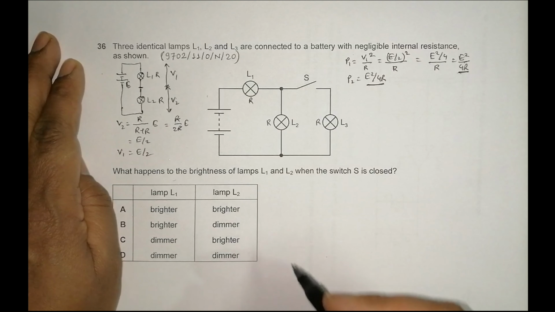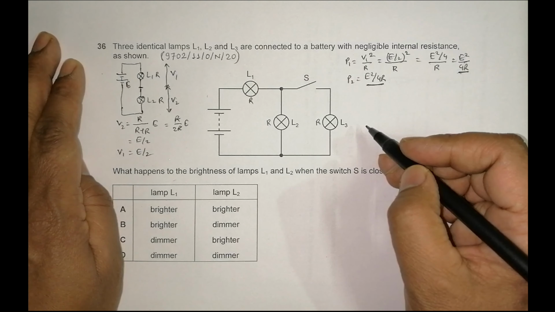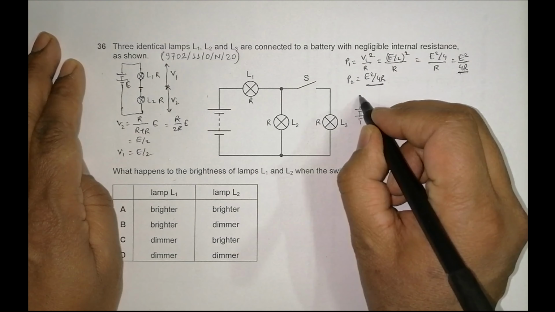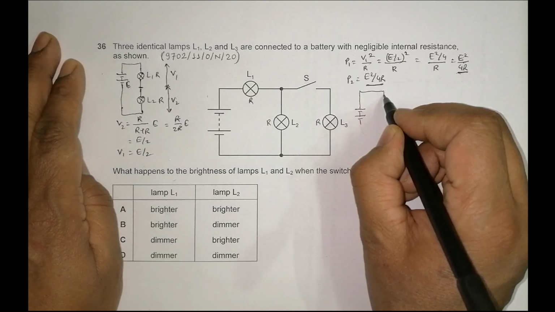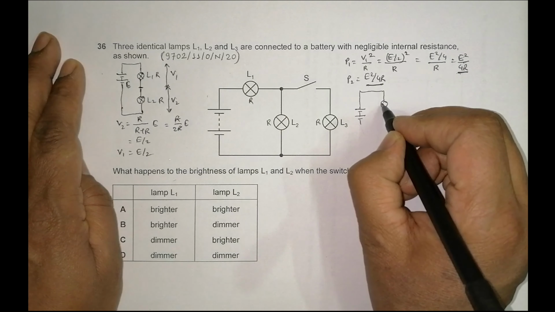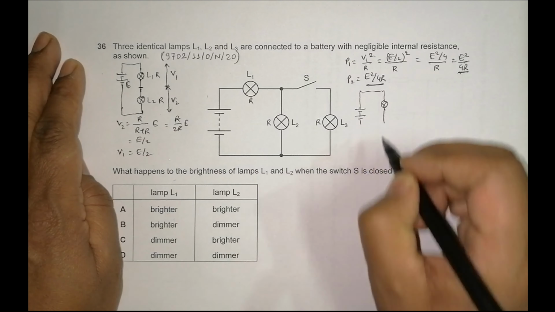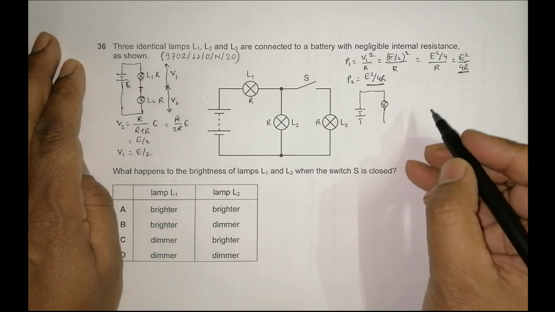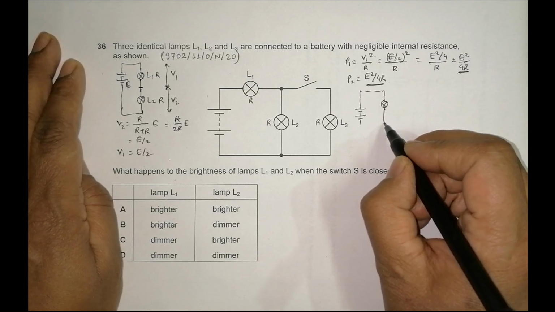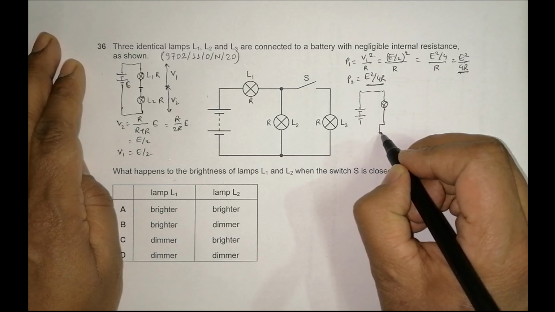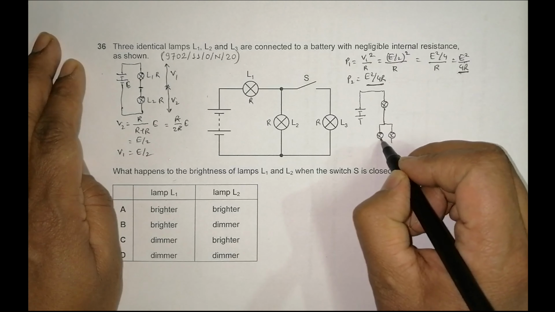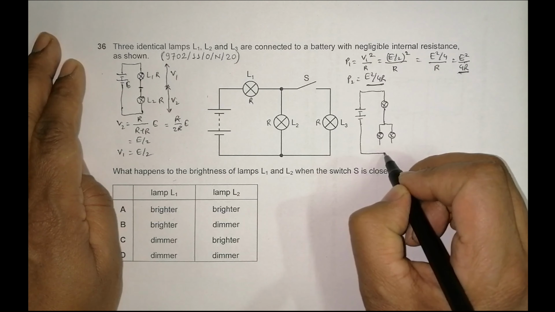Now we close the switch. When the switch is closed, the circuit will be like this. So now this is the source, I do like this. This is lamp 1. Then I have a parallel arrangement of lamp L2 and L3. So this is one lamp here, and this is another lamp like this. So my circuit is somewhat like this.